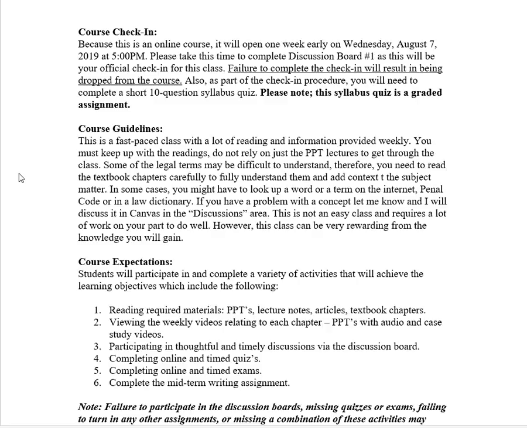What it really does is show me that you've read through the syllabus and you're able to answer a couple of questions about some of the larger components of the syllabus. I hope that makes sense.